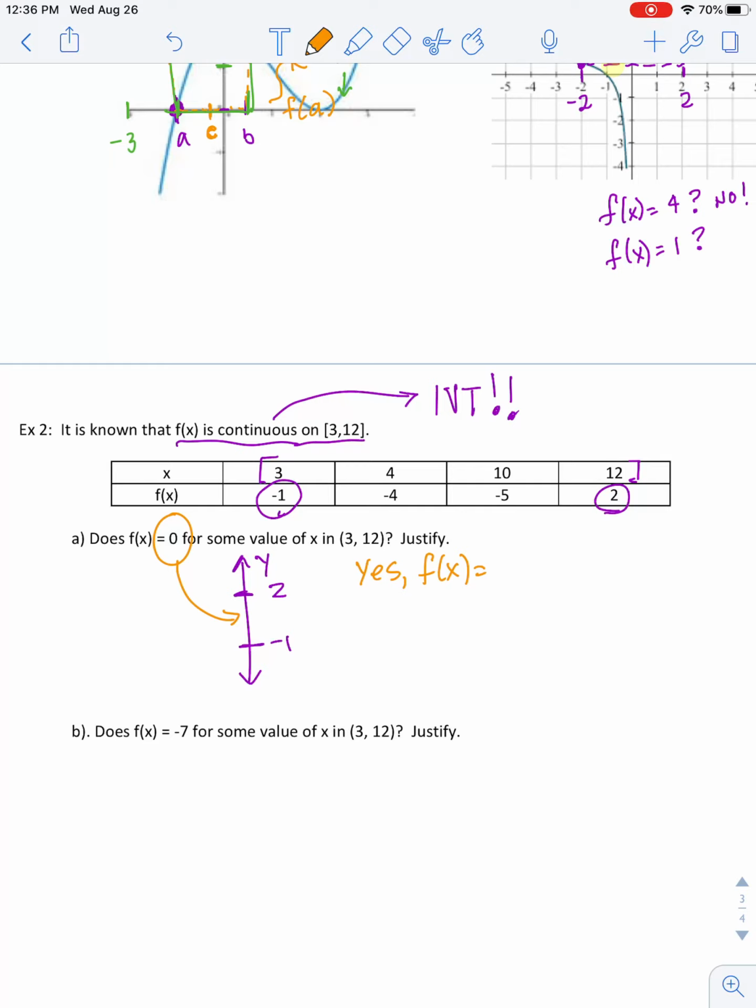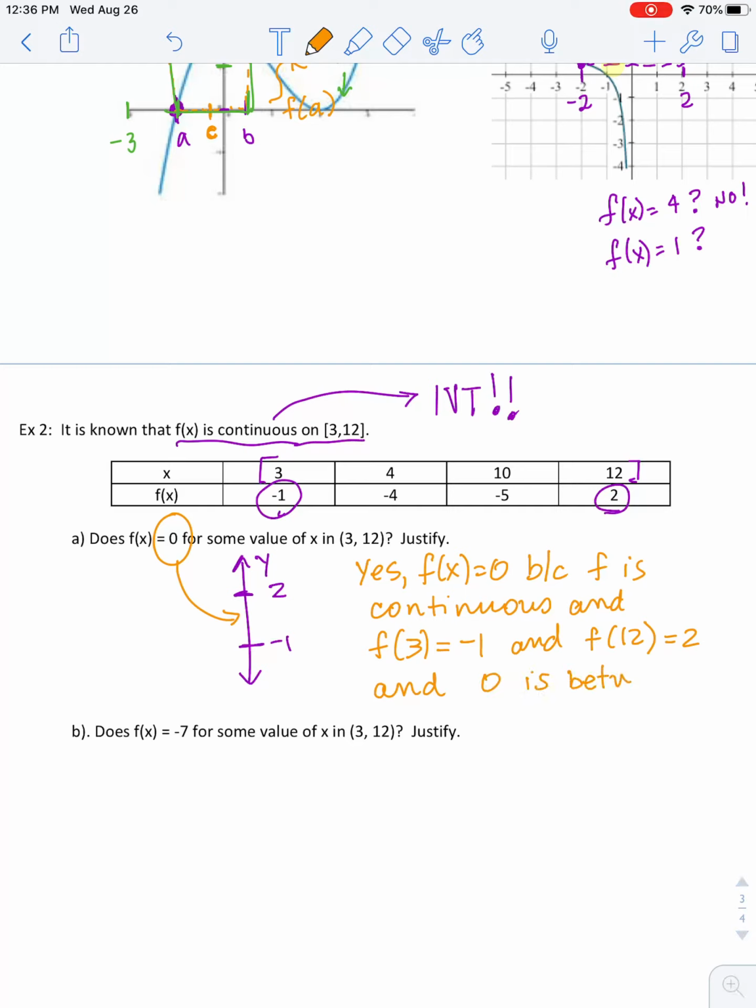f of x equals 0 because f is continuous. We're going to work on this justifying: f of 3 equals -1, and f of 12 equals 2, and we have to say 0 is between -1 and 2.